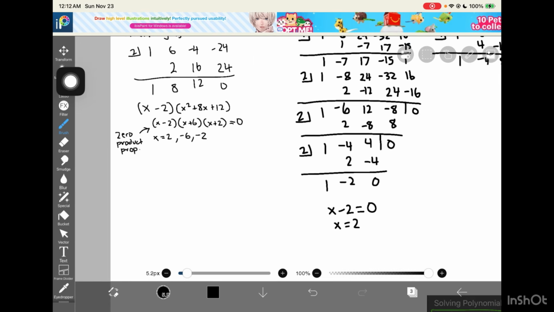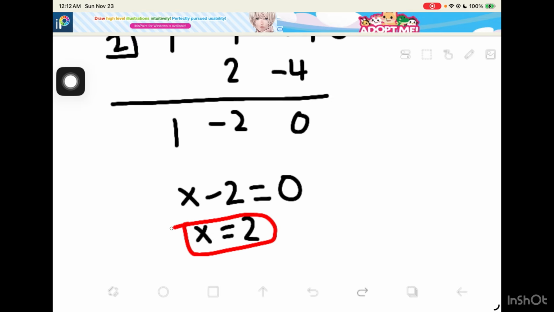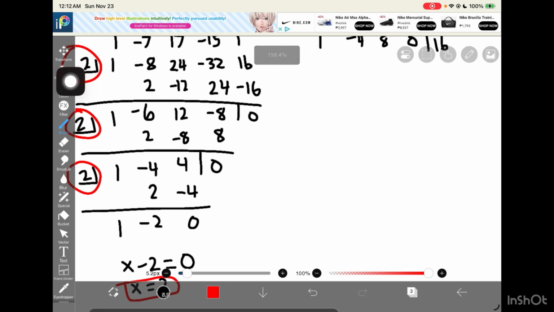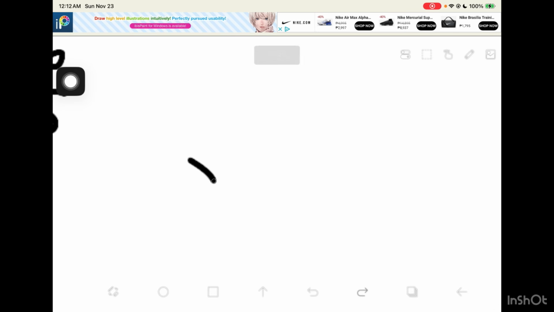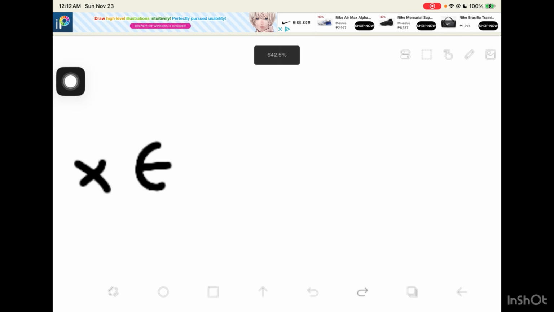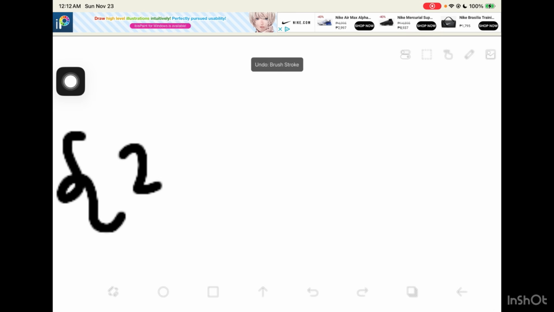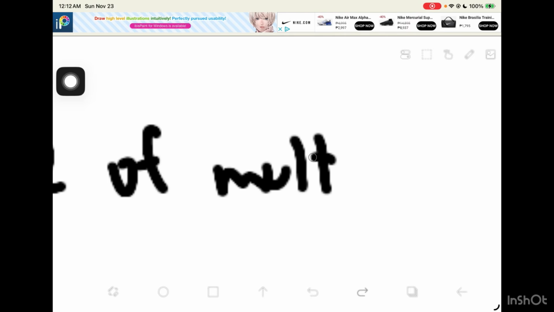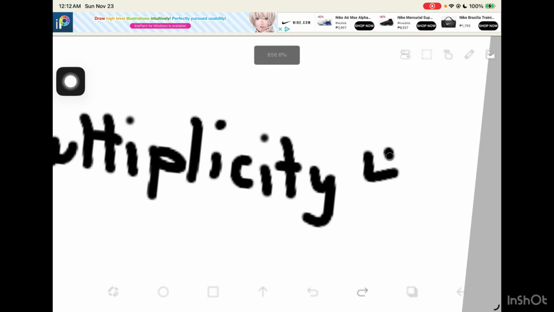So as you can see, this is 1, 2, 3, 4. So we're going to list that down as x is equal to 2 of multiplicity 4.